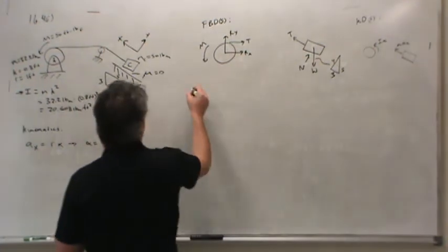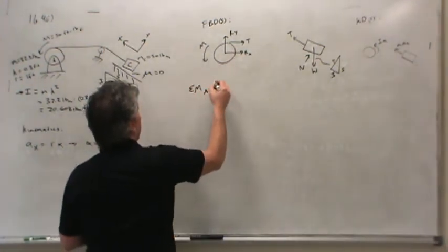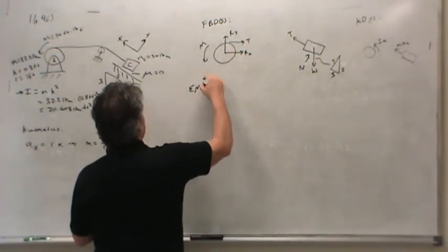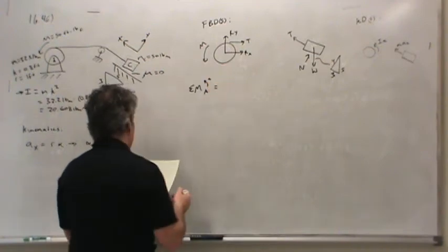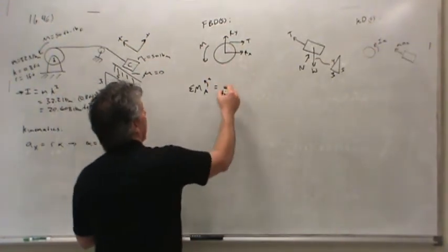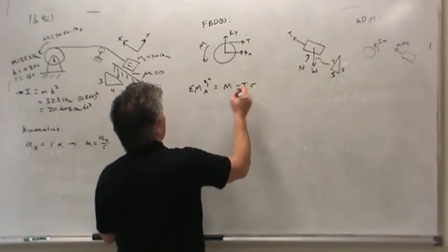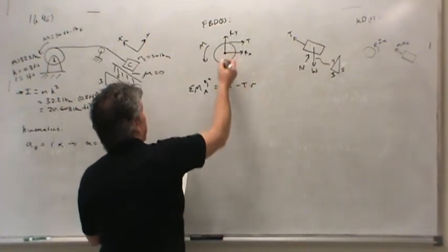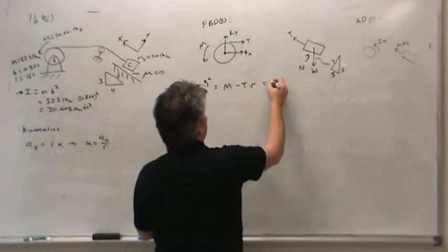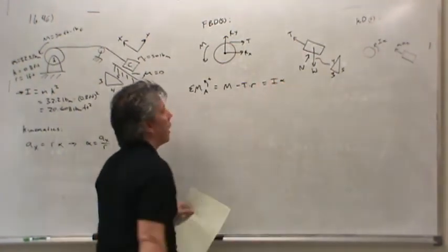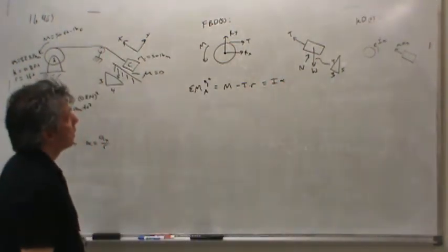Okay, so now let's sum moments about point A, taking counterclockwise as positive. On the winch, we'll get M minus T times R. So I'm summing moments about the center. And that's equal to the kinetic moment, or the dynamic moment, I alpha.